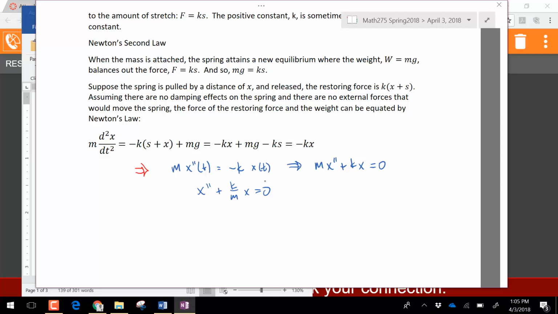We have our auxiliary equation, and we'll end up having the square root of k over m times i as roots.